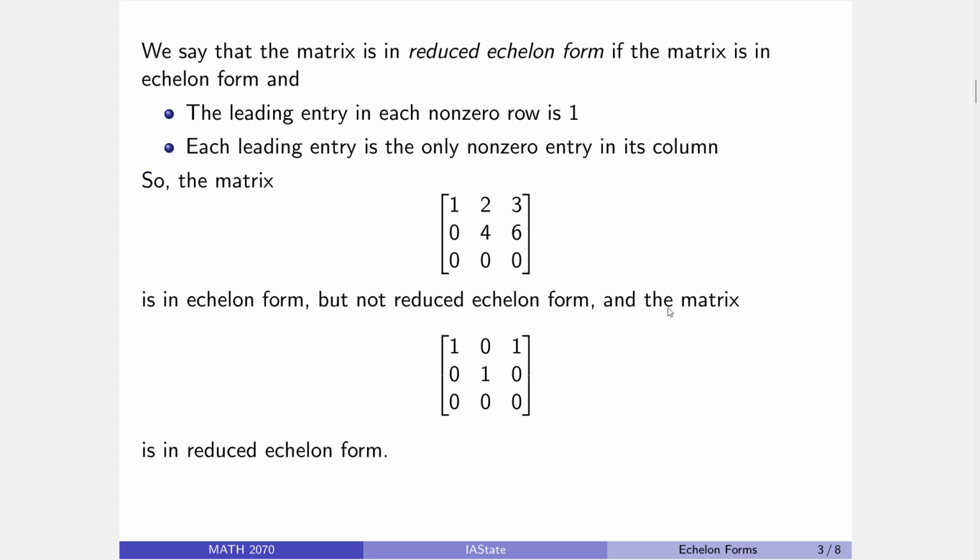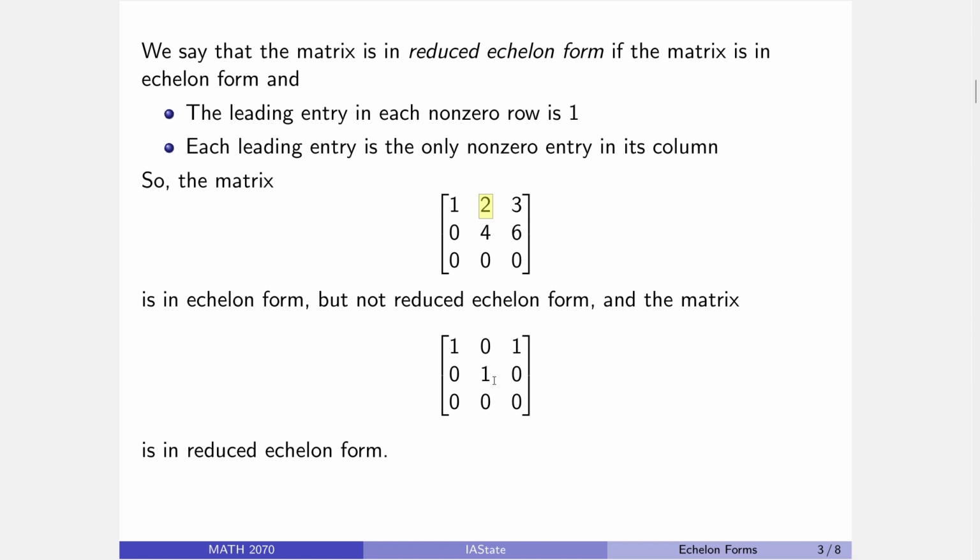Now, something to make it a little bit more exciting is what's referred to as reduced row echelon form. Here, we're going to now require leading entries to be 1, and we're going to require that the leading entry is the only non-zero thing in its column. So this one, while in echelon form, is not in reduced row echelon form, because, again, the leading coefficient here is not 1, and there is a non-zero term above it.